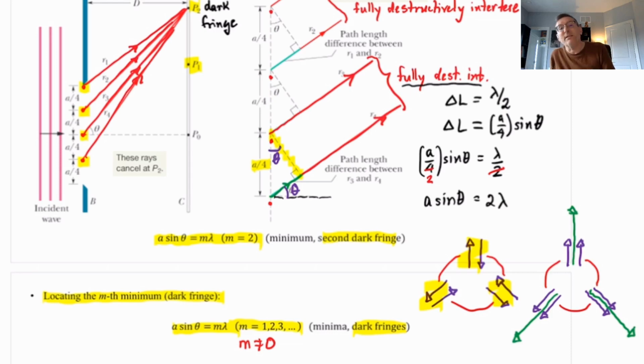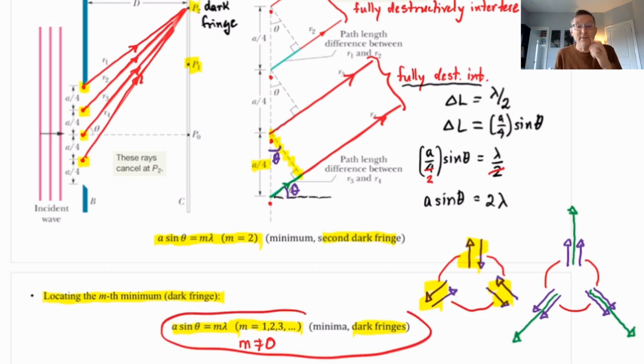But for destructive interference, you are adding up a bunch of zeros. You got to get 0. So the clever little trick of pairing the rays only works for finding the dark fringes. That's my point. So I say again, this formula finds the dark fringes, not the bright ones.